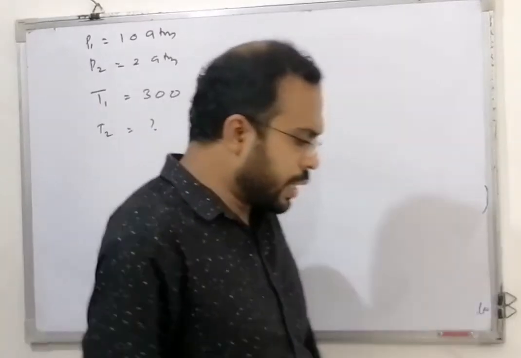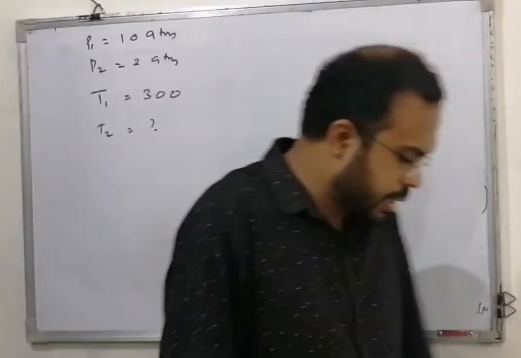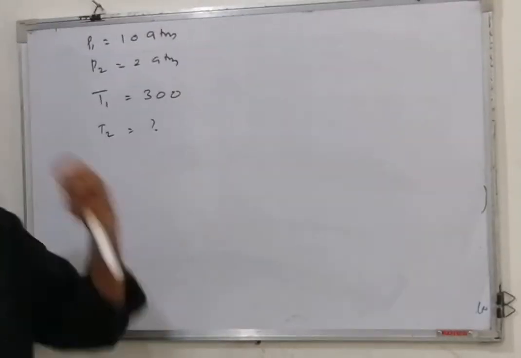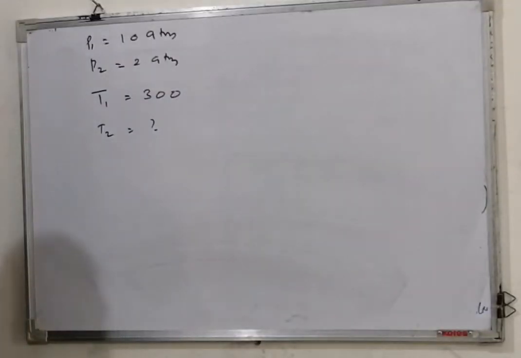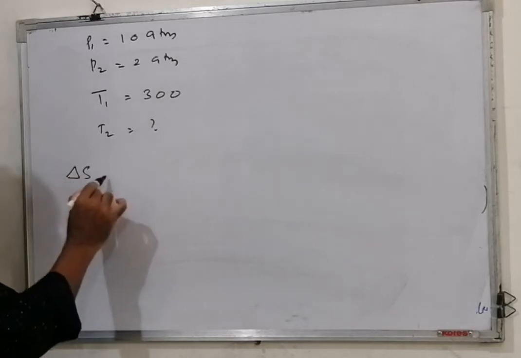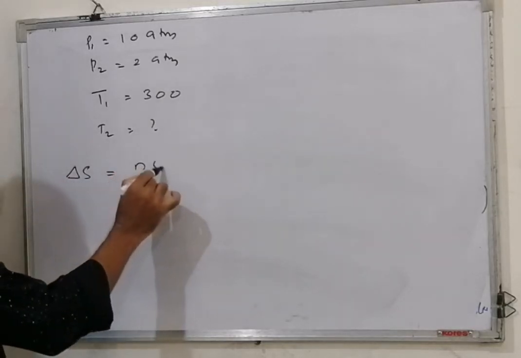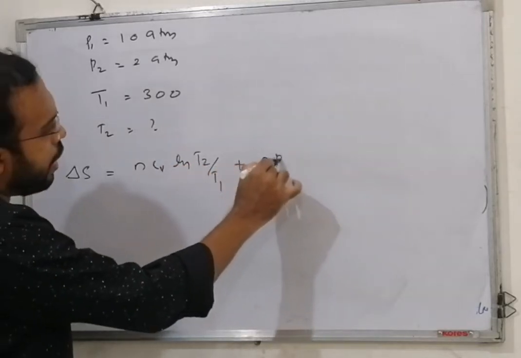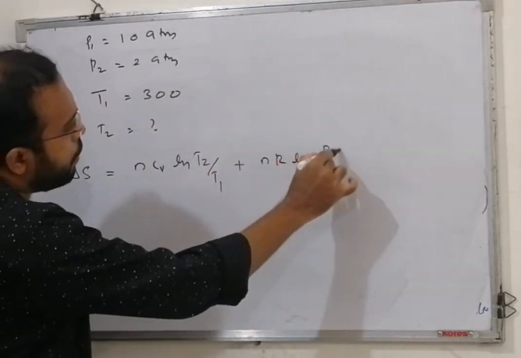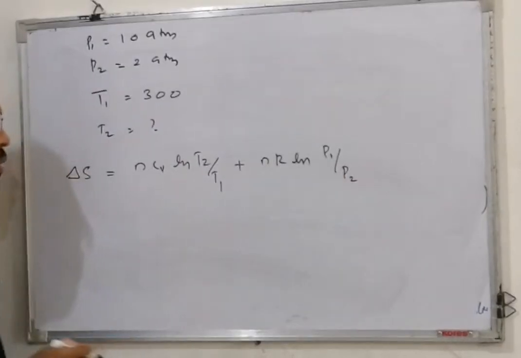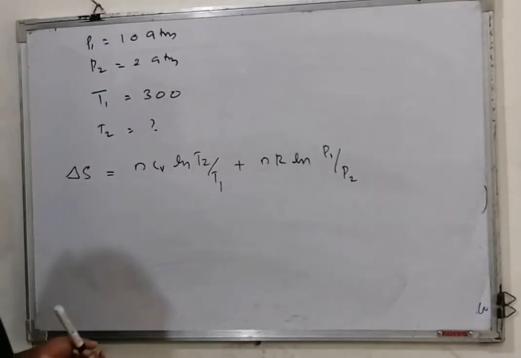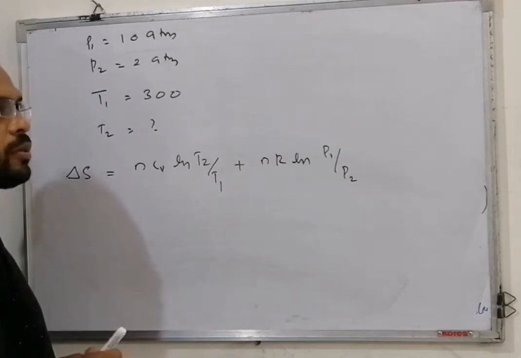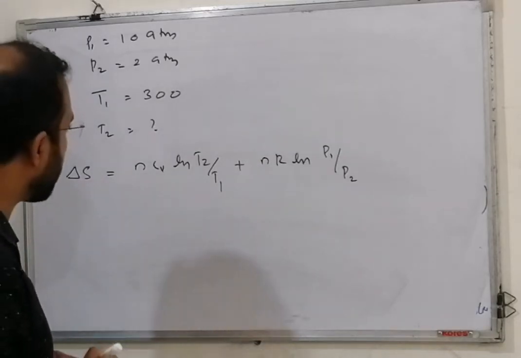Is it isothermal? No. Question does not tell you that the reaction is isothermal. Therefore, for an ideal gas, the general equation is NCV ln T2 by T1 plus NR ln P1 by P2. Okay, the ln should be converted into logarithm by multiplying 2.303.